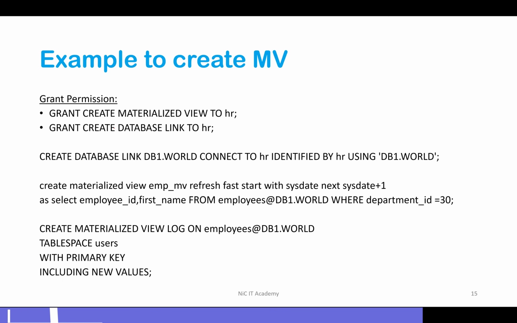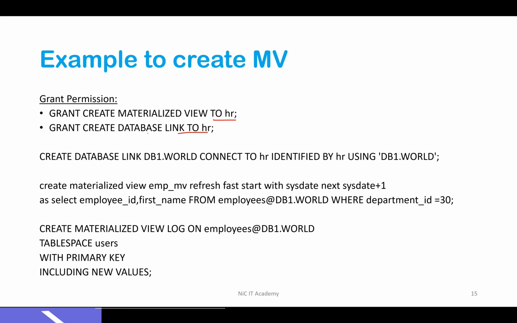You have to grant the permission: grant create materialized view to HR. So that should be granted. Create database link to HR. Since we do not have privileges to create a database link, this cannot be done in our normal system.